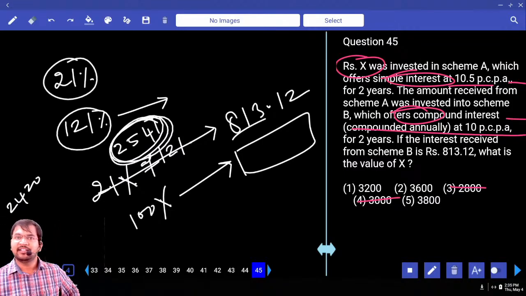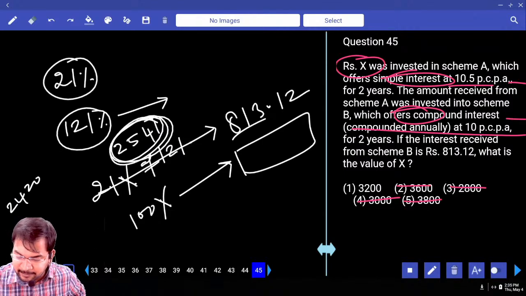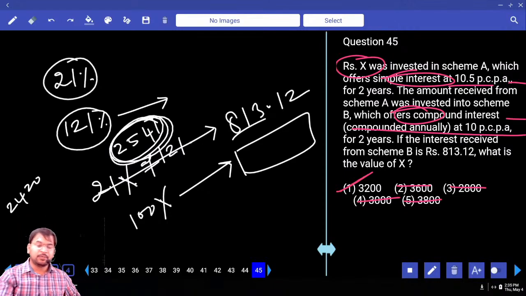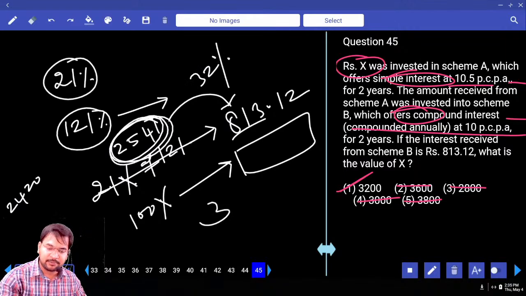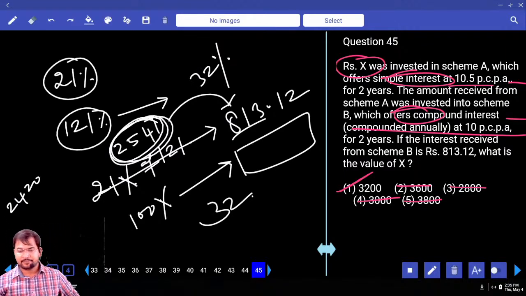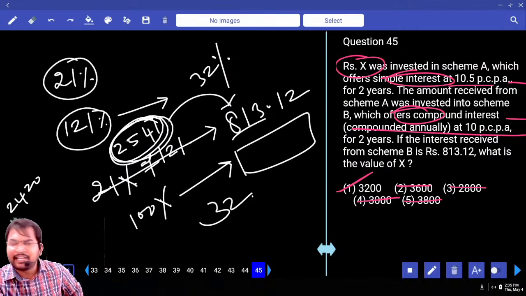We need 813, and our answer is more than 30, very close to 30. See the options: exactly 32%, so your answer is 3200. If you go for the regular method, definitely it will take some time. All of you clear?